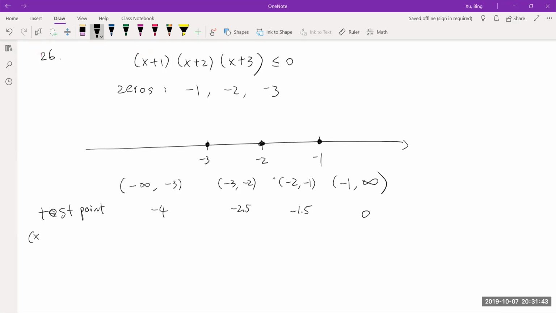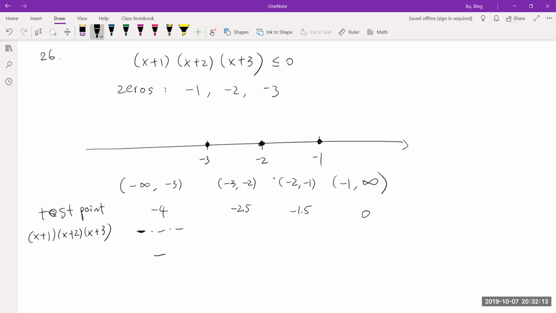I want to test if x plus 1 times x plus 2 times x plus 3, at each test point, is positive or negative. First, plug in negative 4. Negative 4 plugged in here is negative, here also negative, negative 4 plus 3 negative. Negative times negative times negative is negative.